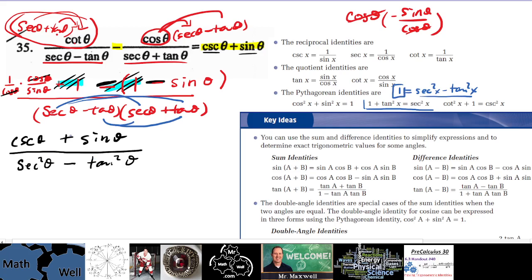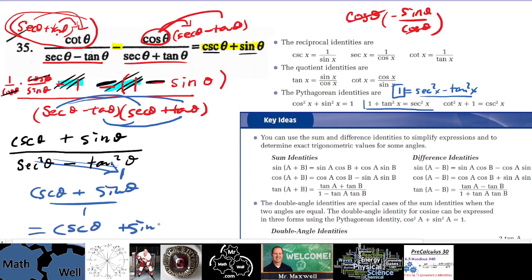When you're showing me your work, I would appreciate it if you didn't rewrite everything out, just do 2 lines and that equals 1, with even a little arrow there. That tells me you've looked over here and you know from your identities that it equals 1. And so you have cosecant theta plus sine theta over 1, which is cosecant theta plus sine theta. If you did this little double arrow to the 1, you wouldn't have to include this step right here, is what I'm saying.